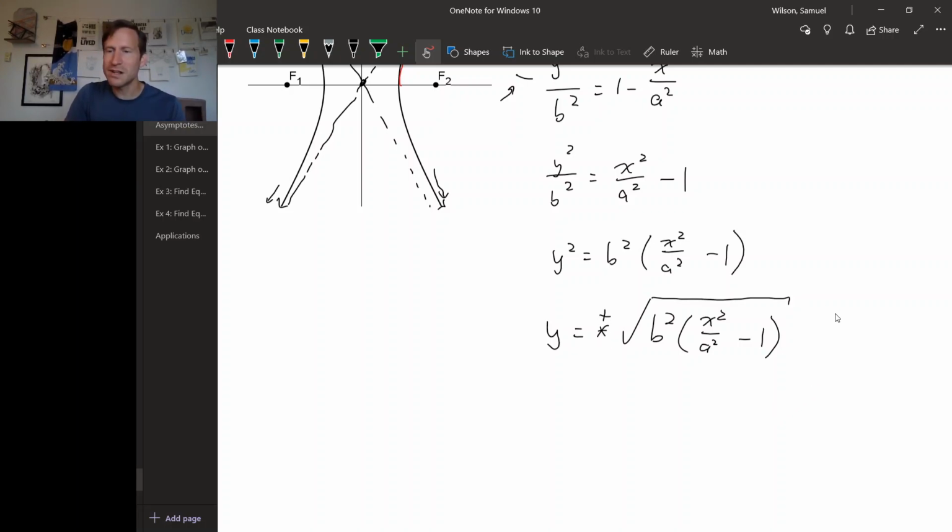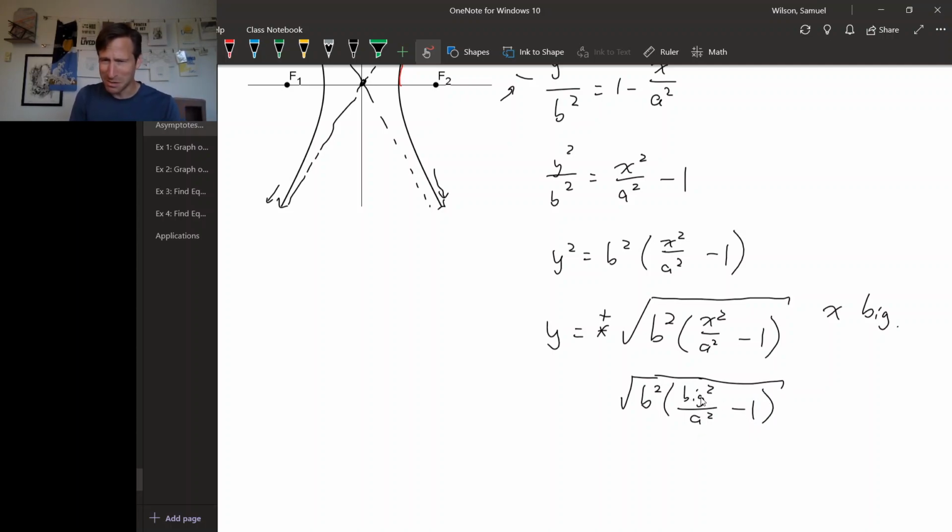Now remember, we're trying to figure out what happens when x is big. Well, when x is big, this turns into the square root of b squared times, say, big squared over a squared minus 1.